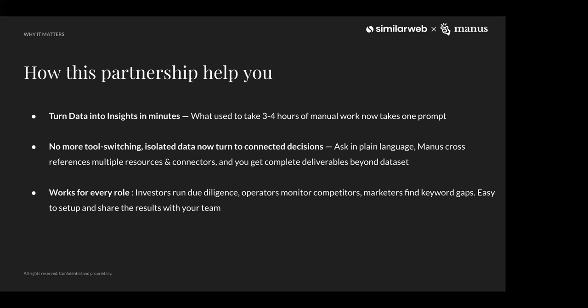When we have good data, the analysis turns out good as well, and that's why we wanted to partner with Similarweb and provide you with access to this first class market intelligence data. With Manus and Similarweb, you can turn unstructured data into insights within minutes. I believe many of you who have done analysis before need to do data cleaning.